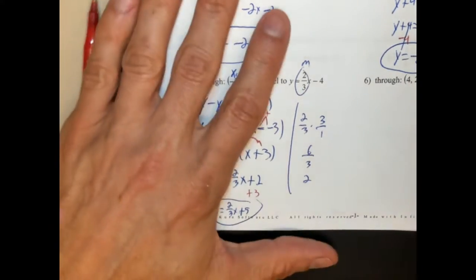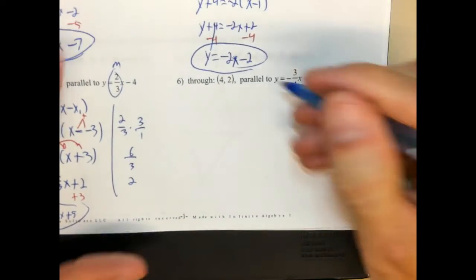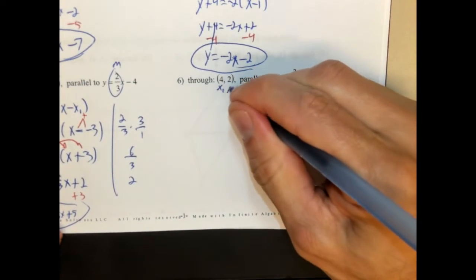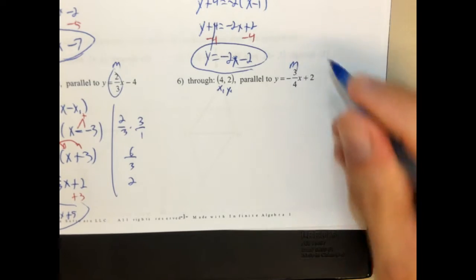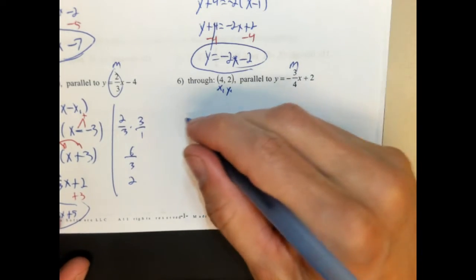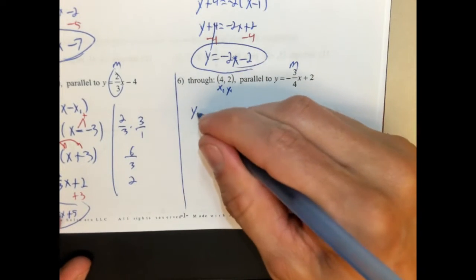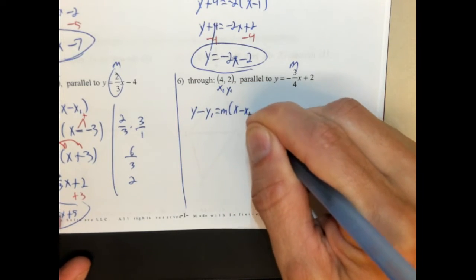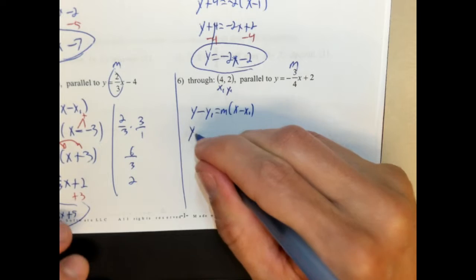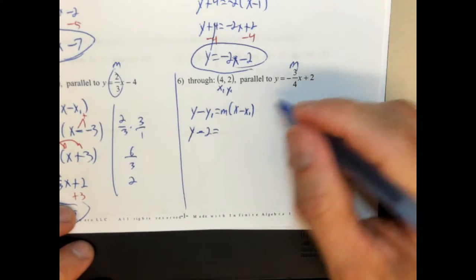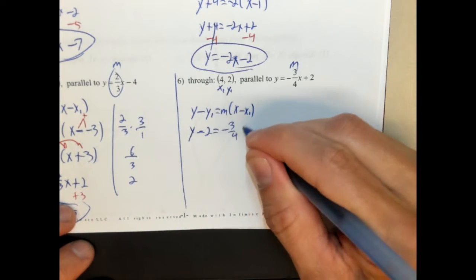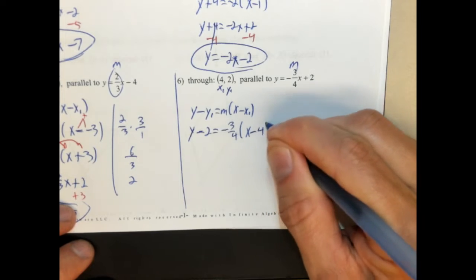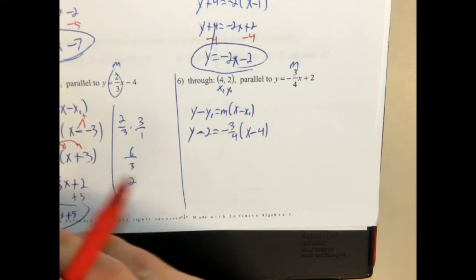There we go. Okay. Our x1, our y1, our m. Y minus y1 equals m parentheses x minus x1. Y minus 2 equals, our m is negative 3 over 4, (x minus 4). There's no double negatives, that's kind of nice.